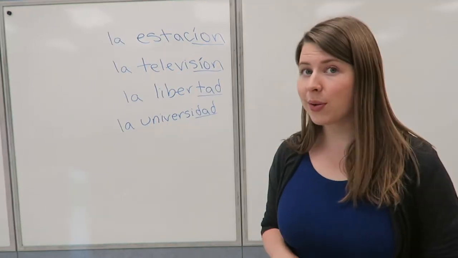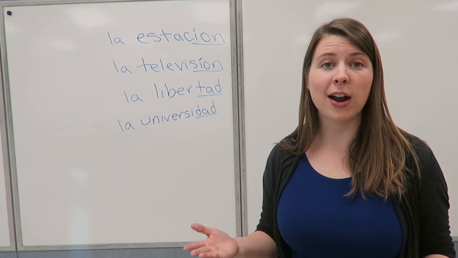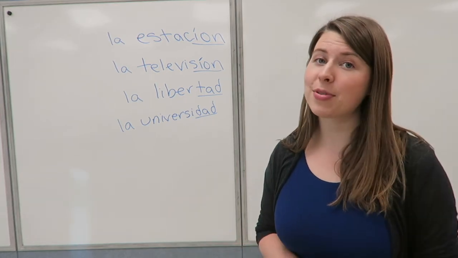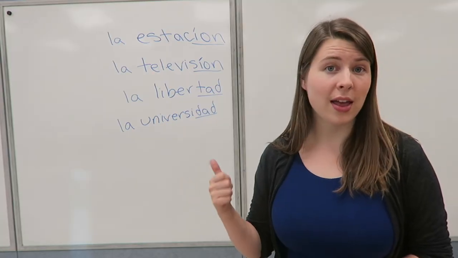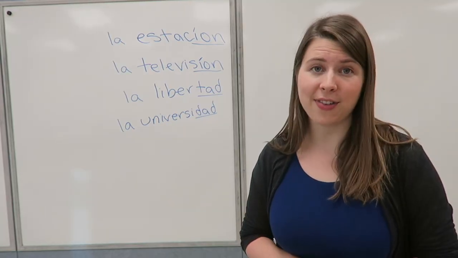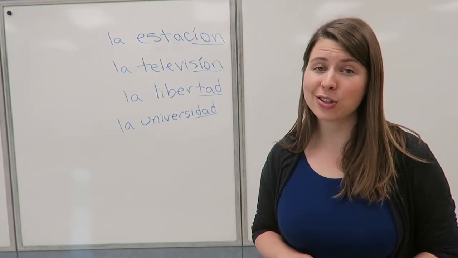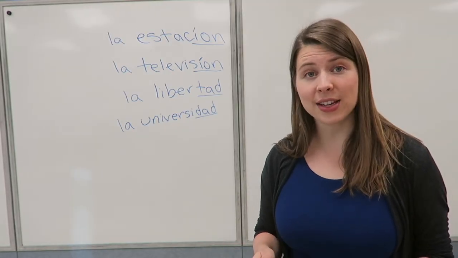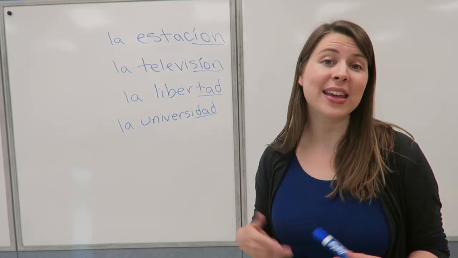Finally, one thing we need to talk about is what to do if you're trying to make something plural but it doesn't end in a vowel. In the examples I showed you before, such as libro and mesa, those both end in vowels. So to make it plural in those situations, all we did was add an S. But if you have a consonant, then you need to add an ES.